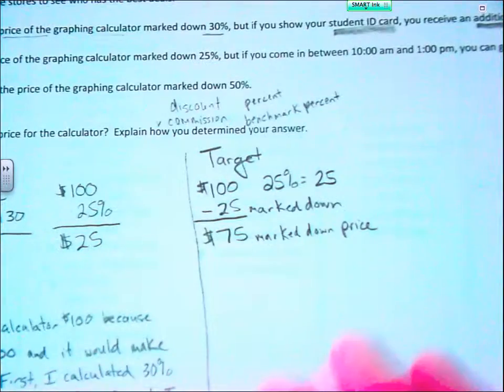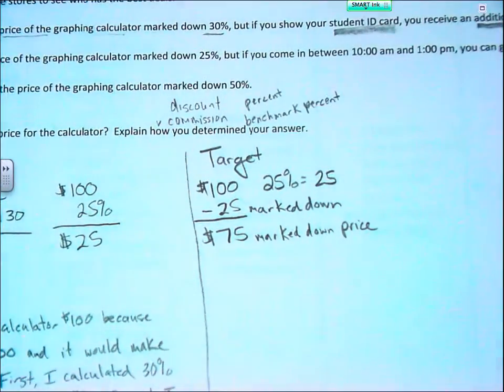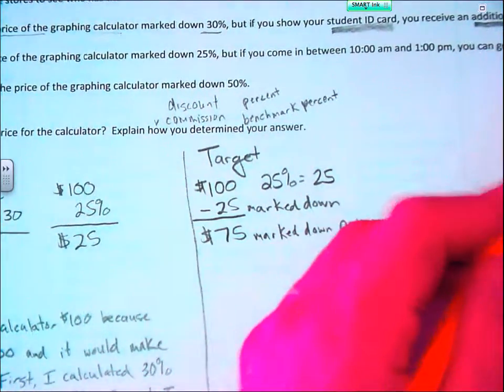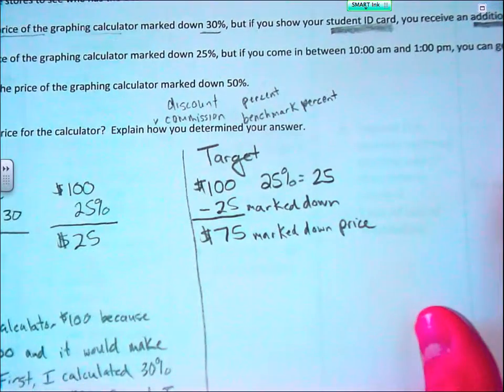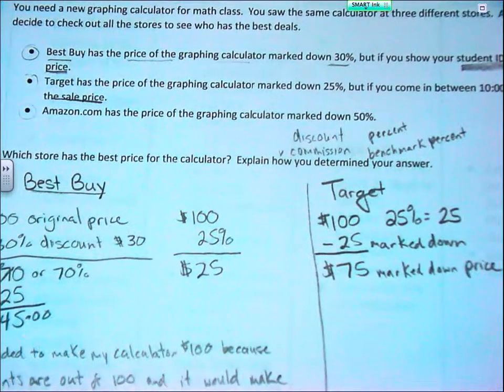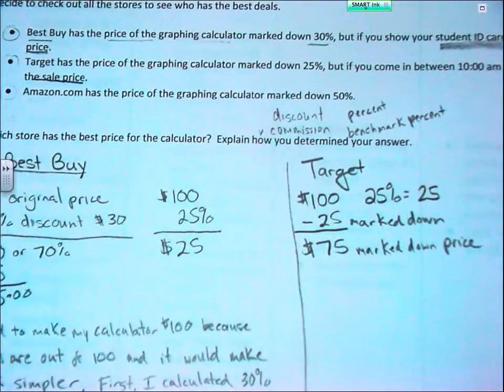And then from 10 a.m. to 1 p.m. we're going to get an additional 30% off the sales price. Notice how the first one said the original price. This one says the sales price.